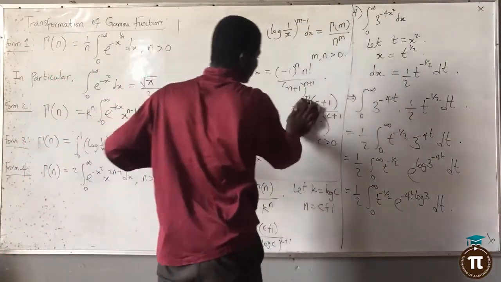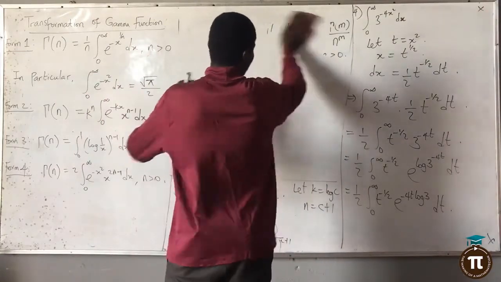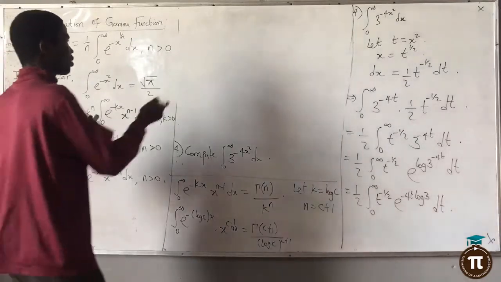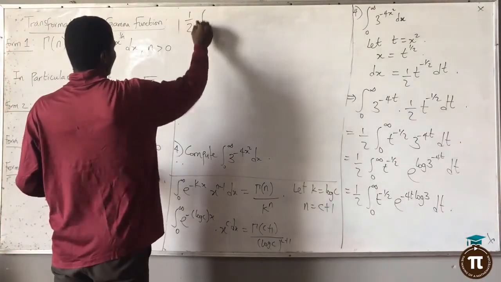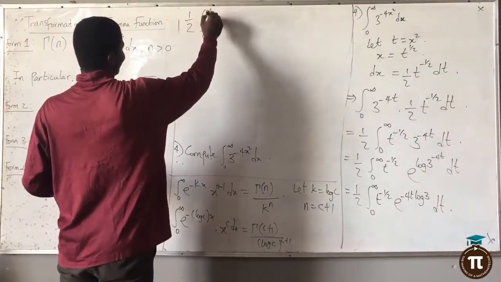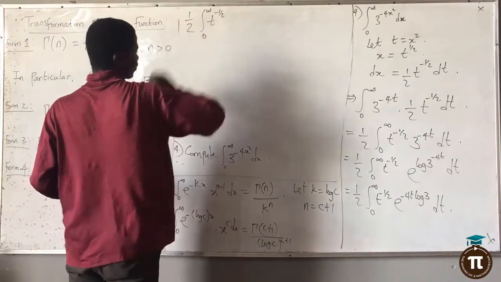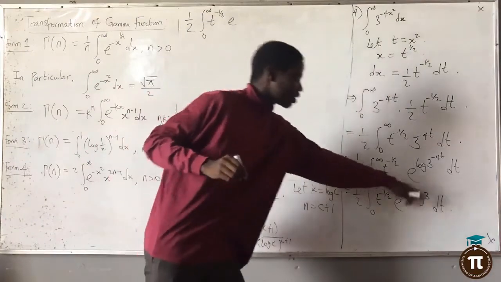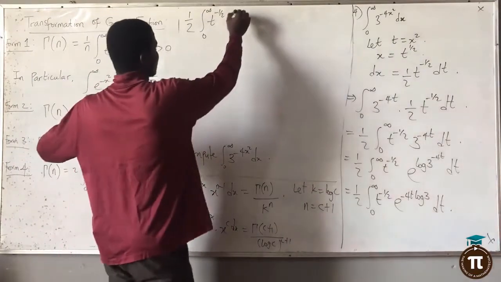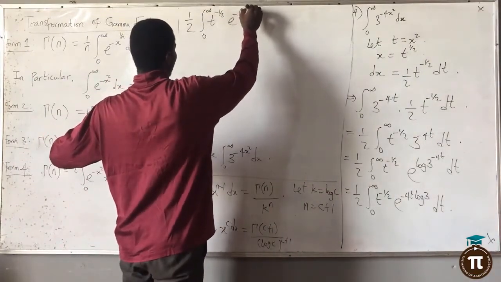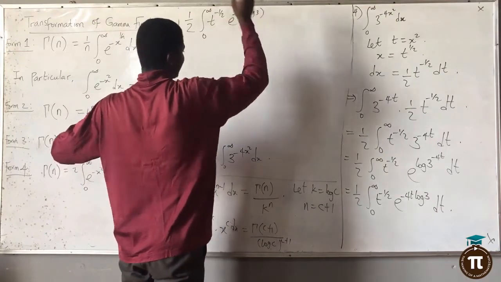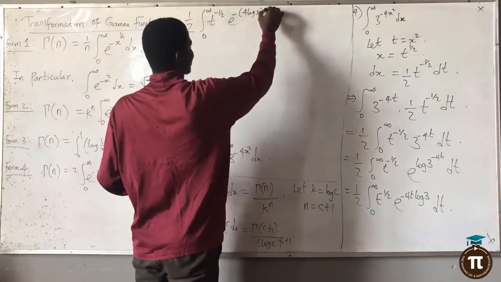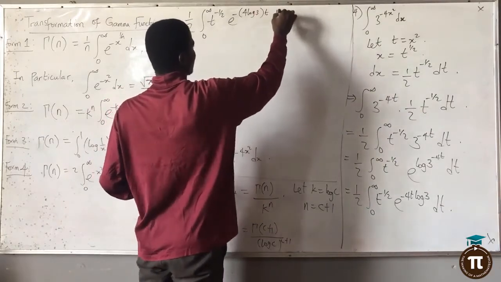To complete that question, we have next 1 over 2 integral from 0 to infinity of t raised to the power of minus 1 over 2. Then I can rewrite all this as e raised to the power of minus 4 log 3 times t, dt.